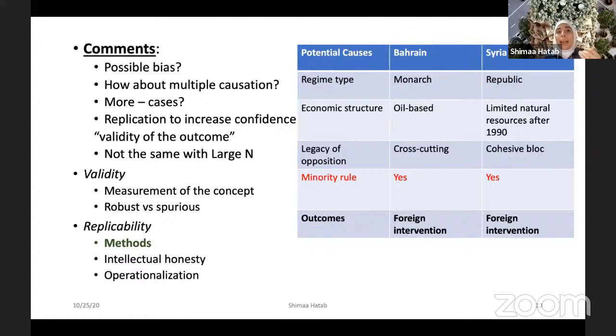You should have studied this, as I mentioned. If you have studied theories of comparative politics before, you would find it much easier.